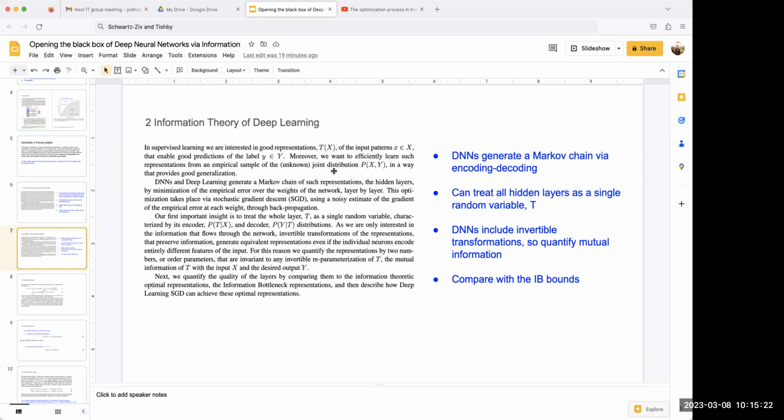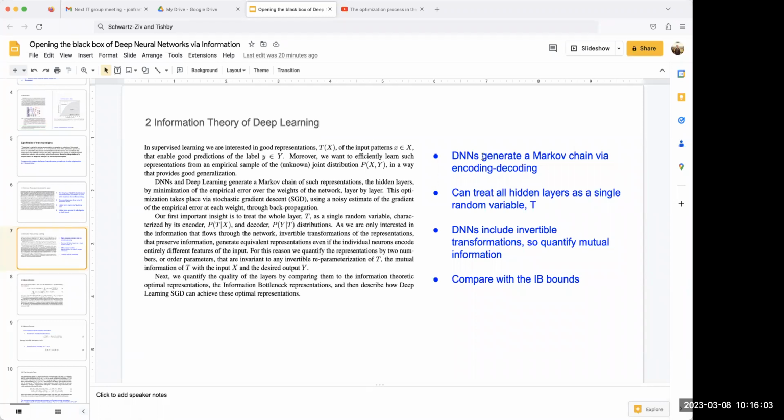A couple of bits that they mention on information theory in deep neural networks: they put a deep neural network in the perspective of a Markov chain, where you start with your desired output y, and then you have your input data x, and then you have a representative set of your input data t, and that representative set has more information about y but less information about x.